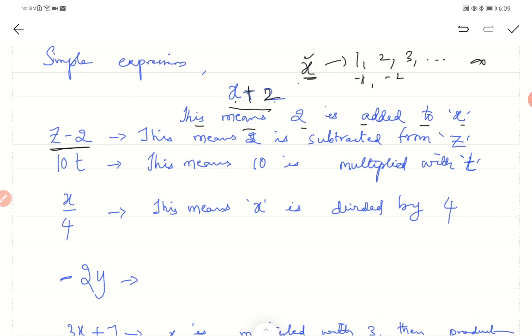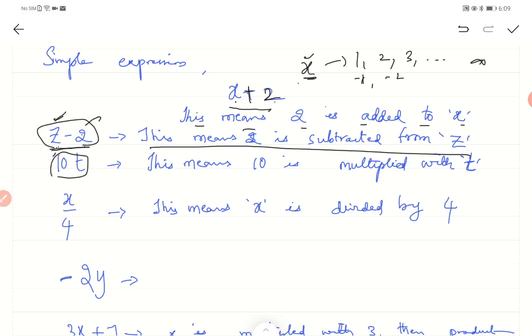Remember, these are the statements for the expressions, saying what the meaning of the expression is in the form of a statement. However you say it, 2 is subtracted from z, or from z 2 is being taken away. So the terms you need to be proper.